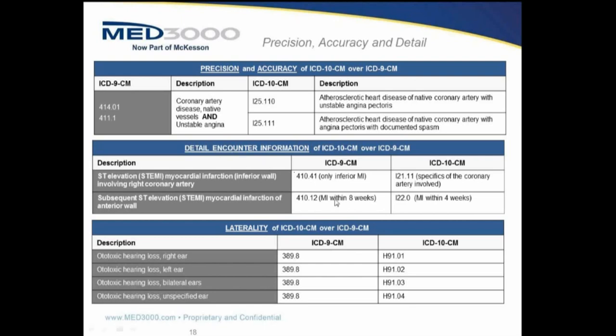We have the code that we would be using today. But if we look now at the codes and what they will change to, you can see that in ICD-10 it is actually the MI within 4 weeks. So again, it is suggested to look at your specialty, your top codes, how the codes are changing, and what documentation may be changing with that.